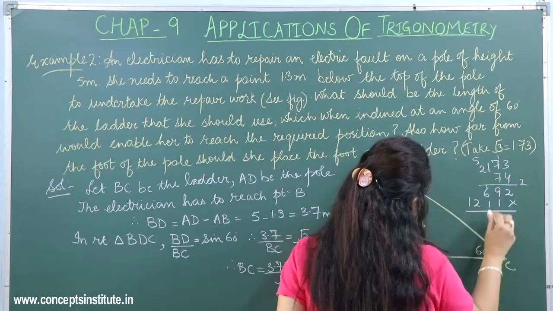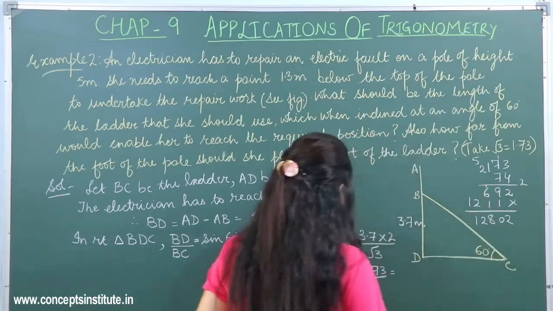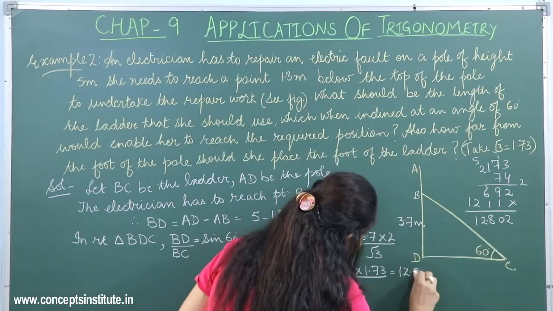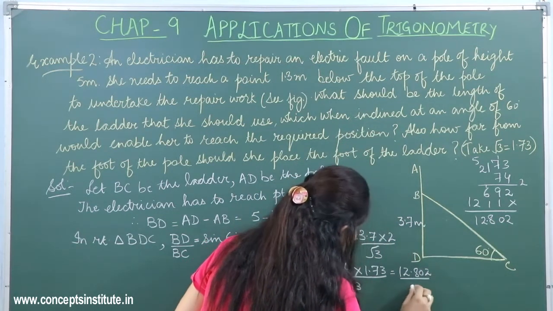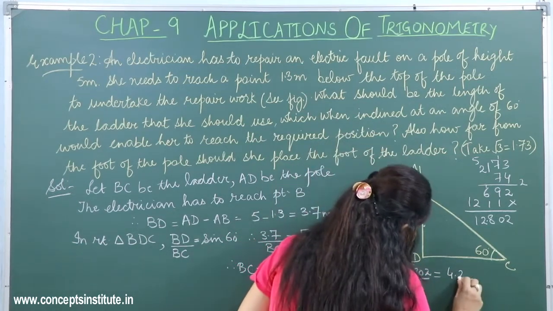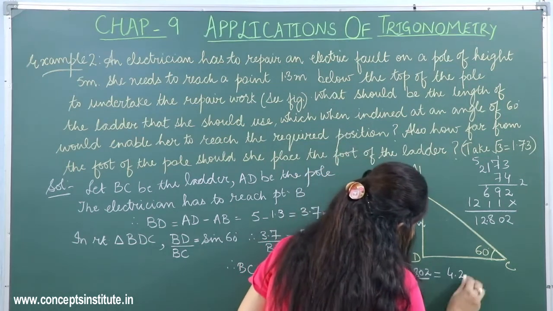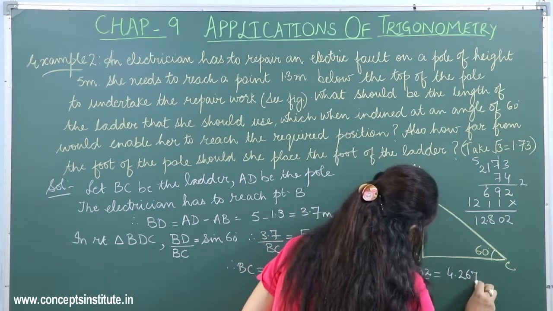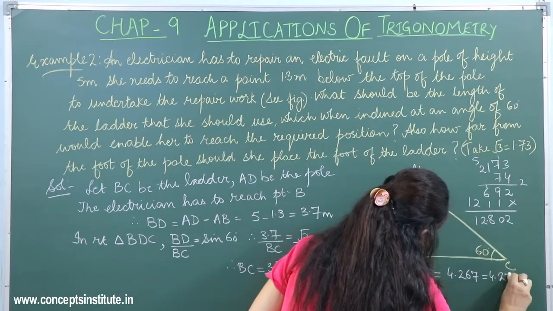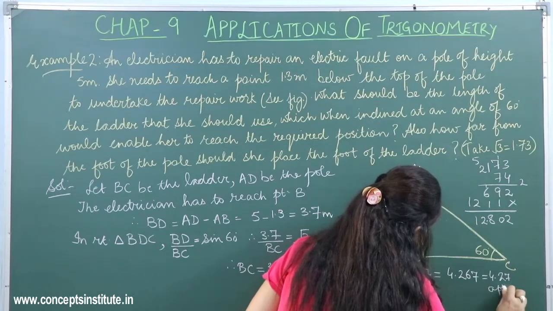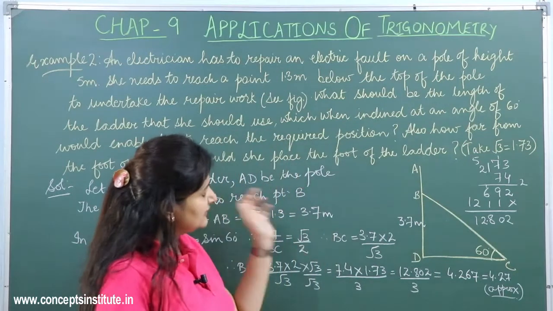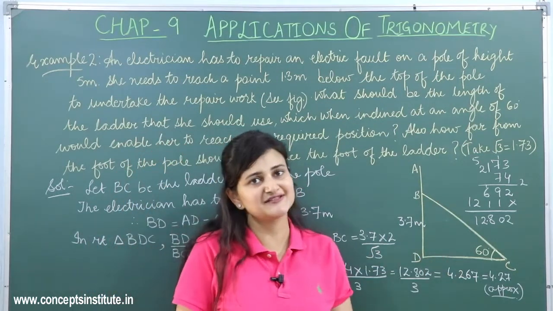So I get, and there are 3 decimal places, so I get 12.802 upon 3, and this comes out to be 4.267, or I can say that this is 4.27 approximately. Now students, to find out the distance DC, I would be back after erasing the board.